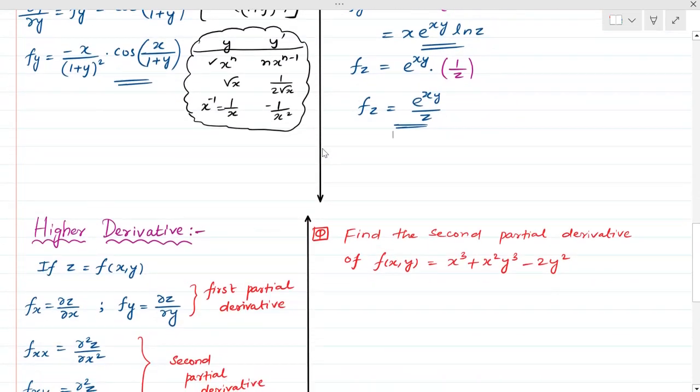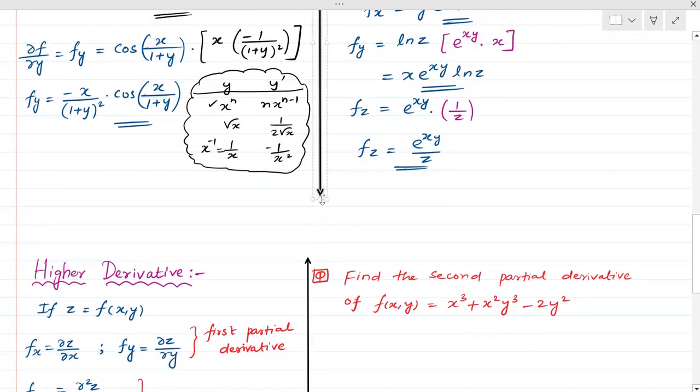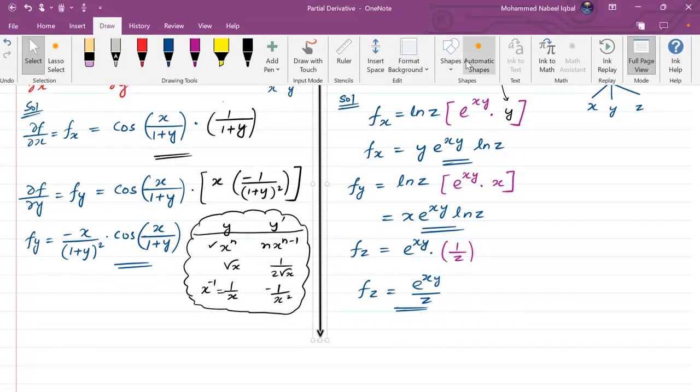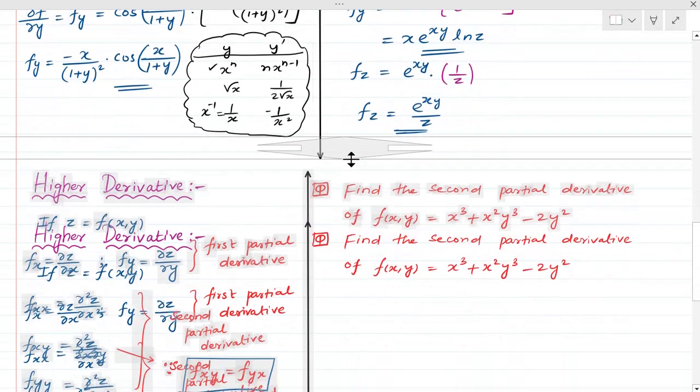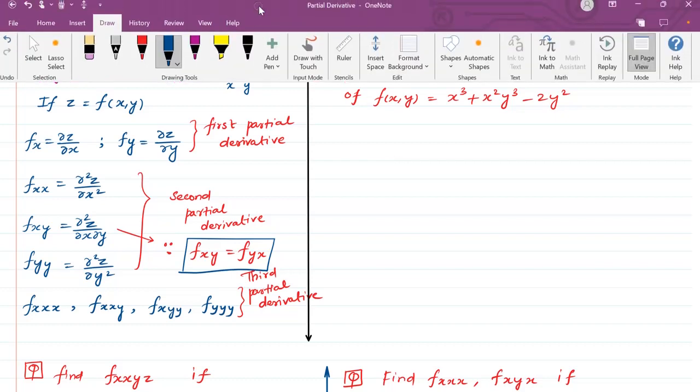Now the next one is the higher order derivative. All of this we will calculate in the higher order. So what is the partial derivative in the higher order? We will calculate it here. As we know, f is a function of x and y, two variables. So this is the first derivative. When you say fxx, fxy, fyy, it is a second derivative.